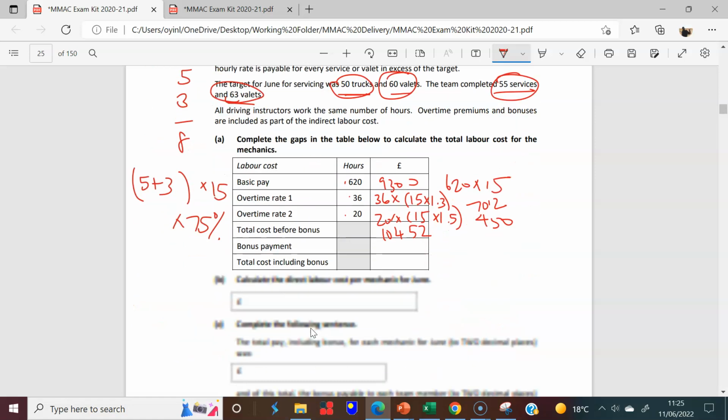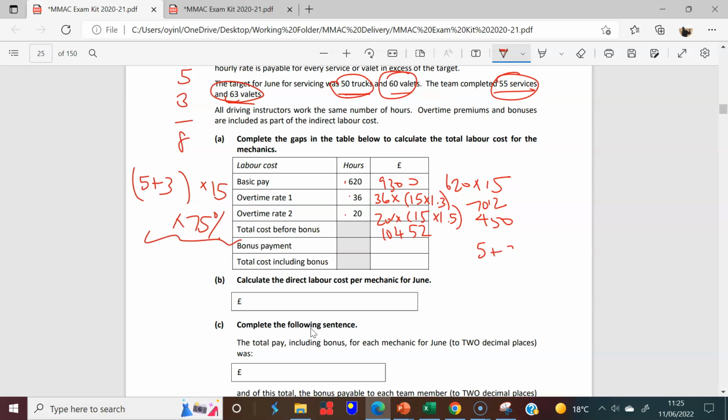And now we know we have a bonus. We have a bonus of, we just did that over here. That's the 5 and the 3 times 15 times 75%. So we have 8 times 15 times 0.75, which is 90.